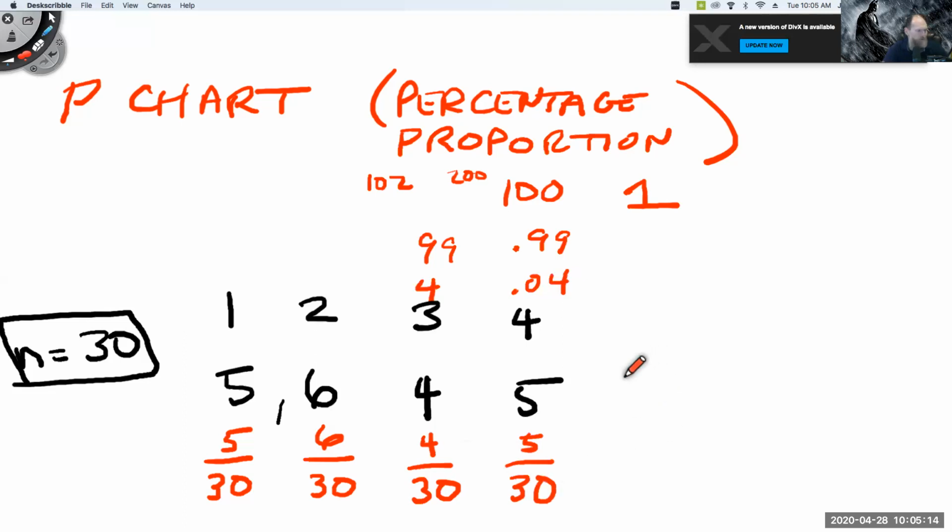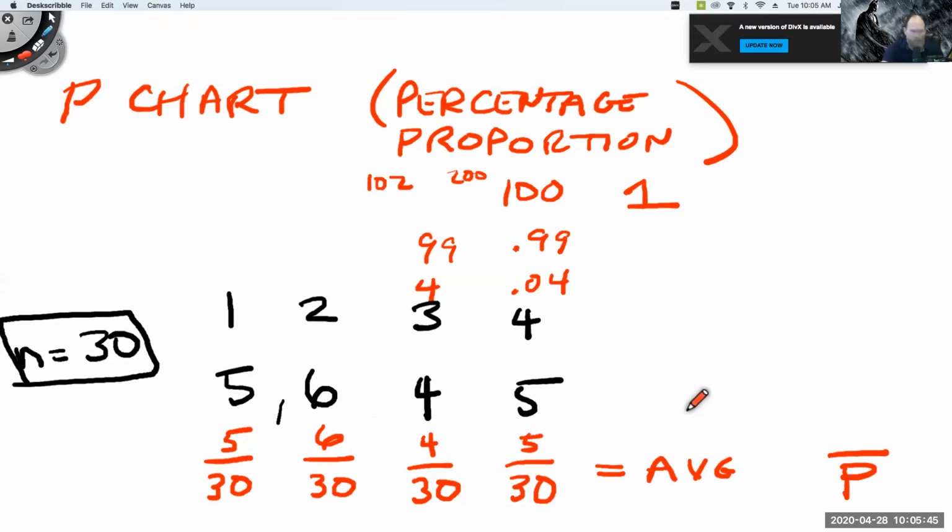Oh, and by the way, we're going to take the average of these decimals. I just put them up here as fractions so that you can see how we got that conversion. But eventually, whether we do it now or later, we're going to get the average of these numbers here. And that right there is going to be P bar.